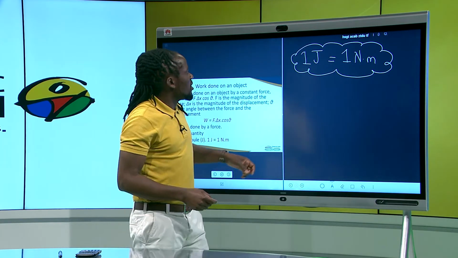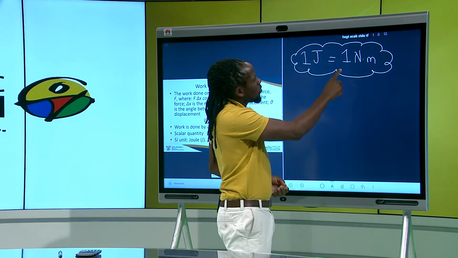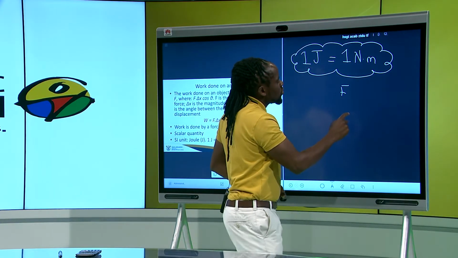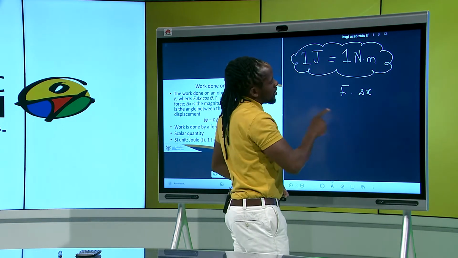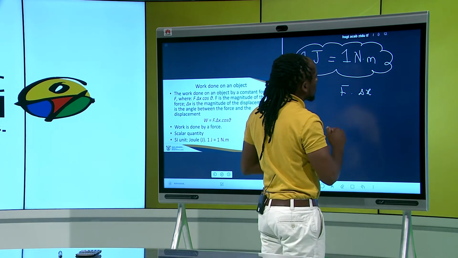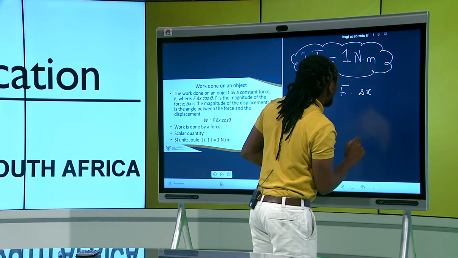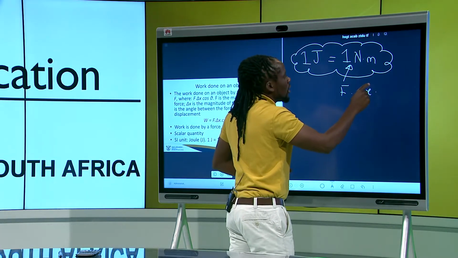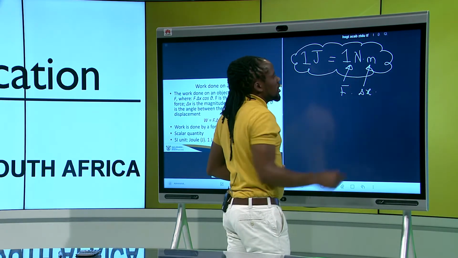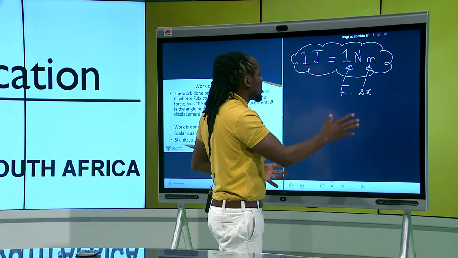So when work of 1 joule is done, what exactly has happened? We have a force of 1 Newton displacing the object, in the direction of the force, a displacement of 1 meter. So in this case, the force is 1 Newton, and the displacement is 1 meter. So a joule equals a Newton meter.